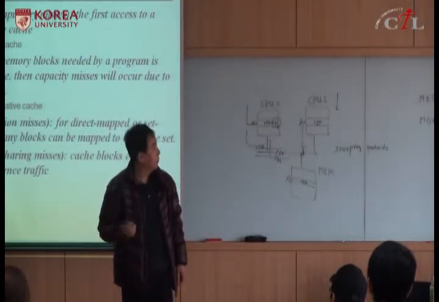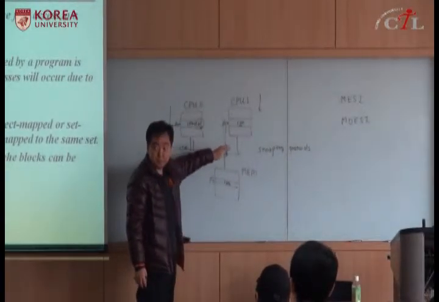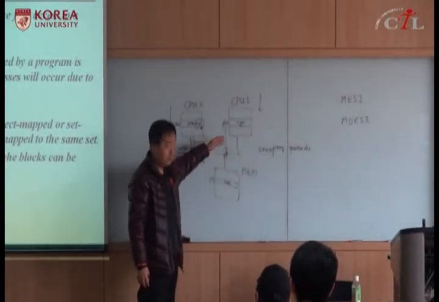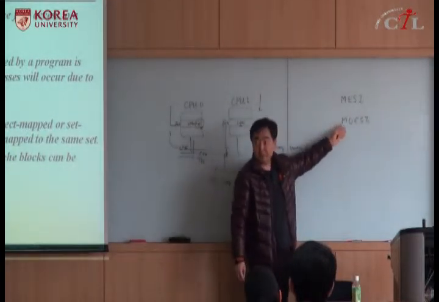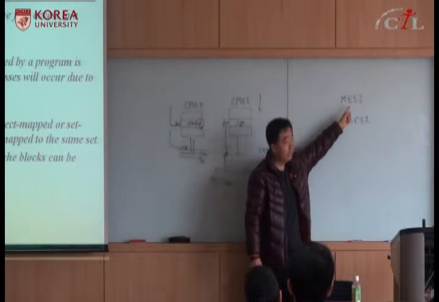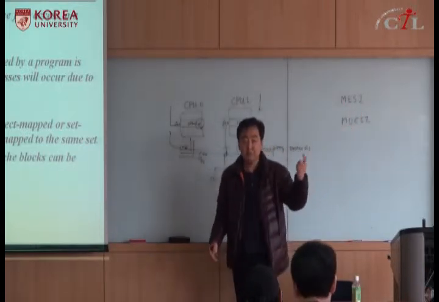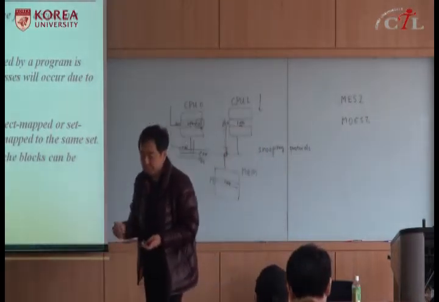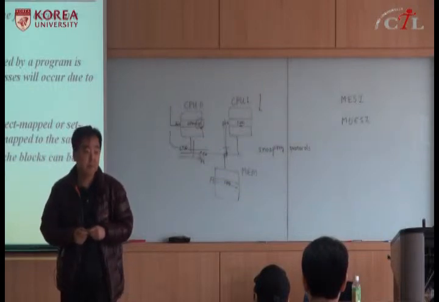And cache coherence affects performance, so to speed up the coherence mechanism, they use some extra states called modified, exclusive, shared, sometimes ownership, proposed by different people. So it's called MOESI or MESI protocol.